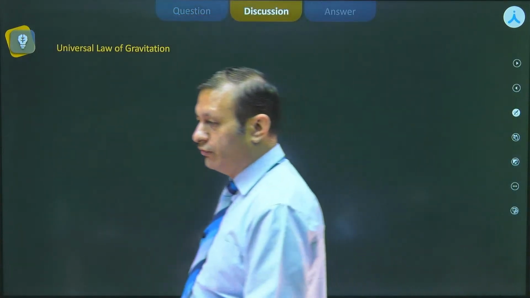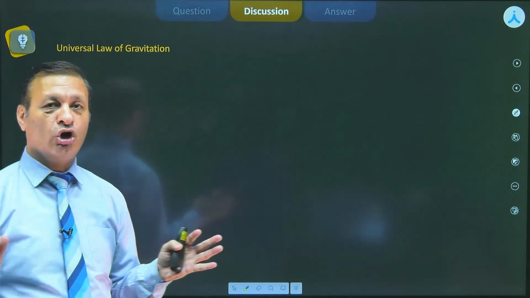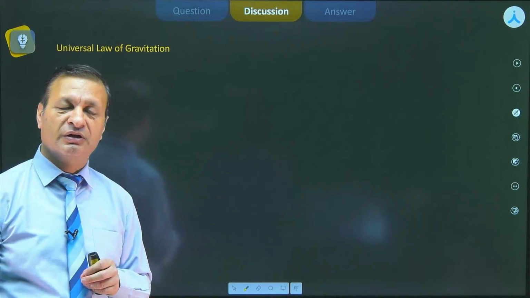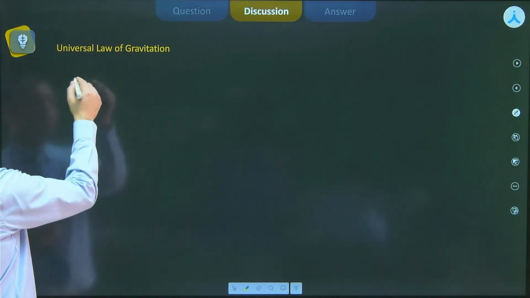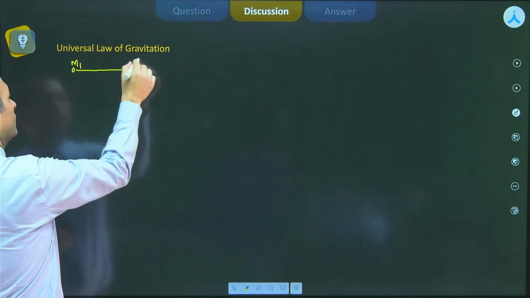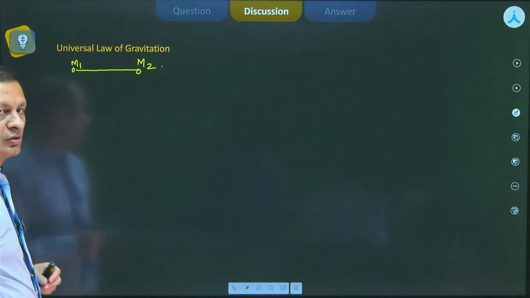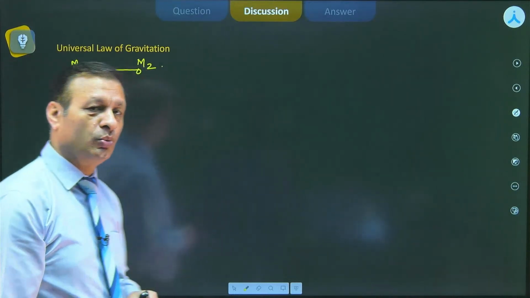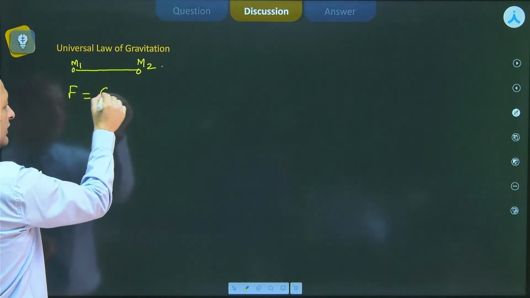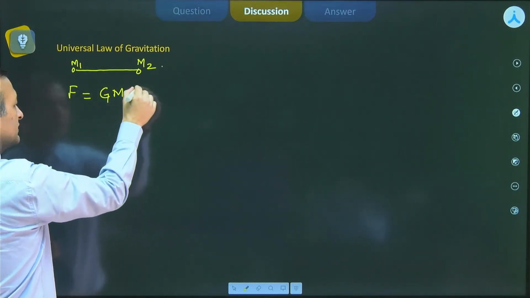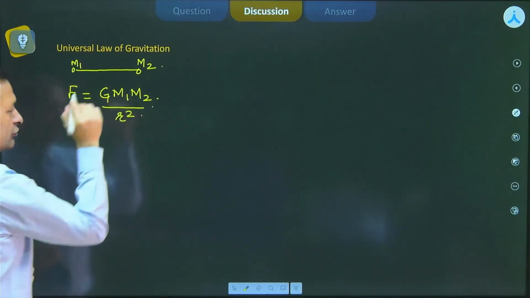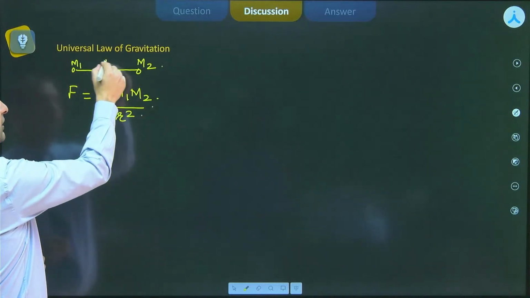Fine. Now moving to the next concept, universal law of gravitation. Very important, very fundamental, very basic law. It says these two masses are always attracting each other with a force which is directly proportional to the product of the masses and inversely proportional to the square of the separation between these two masses.